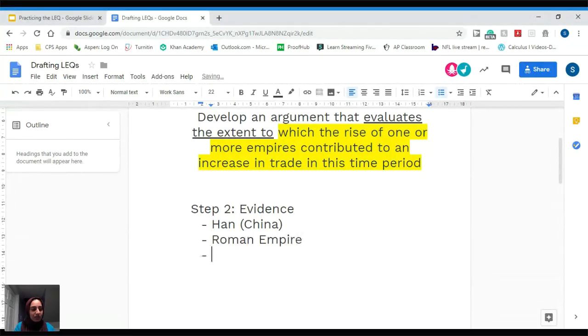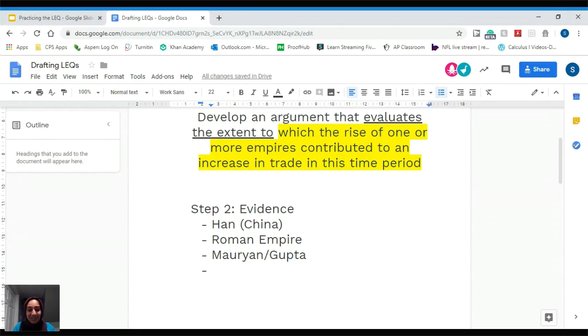You guys think of anything else? Yes, we have the Indian empires. So we have the Mauryan and the Gupta empires, which were in India. We have this whole line of the Chandragupta Mauryas.